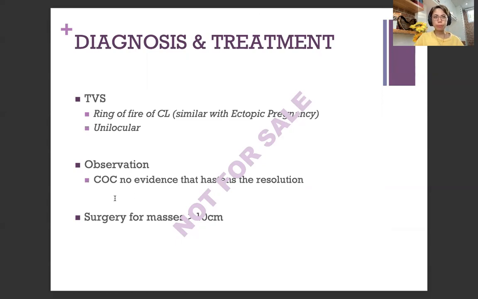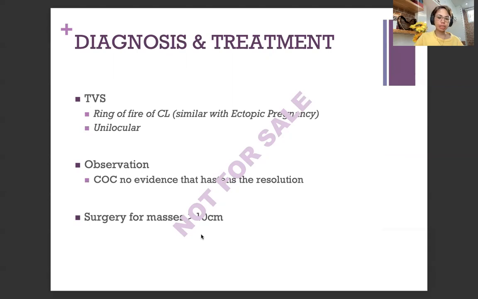For here, the purpose of giving COC is to prevent possibility of recurrence, especially when patient was really in pain and she does not want to experience the same. So it will prevent ovulation in the next cycle. Again, surgery for masses more than 10 cm. Okay, 10 cm.